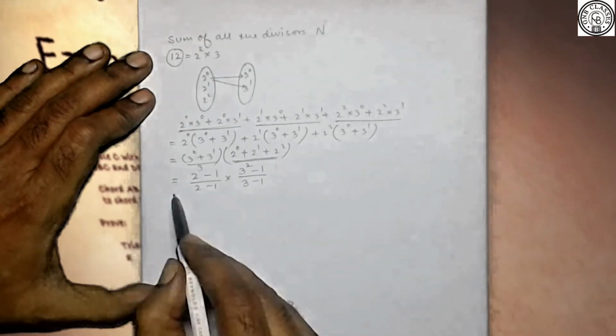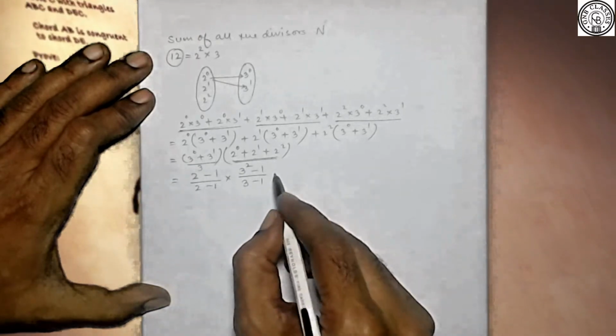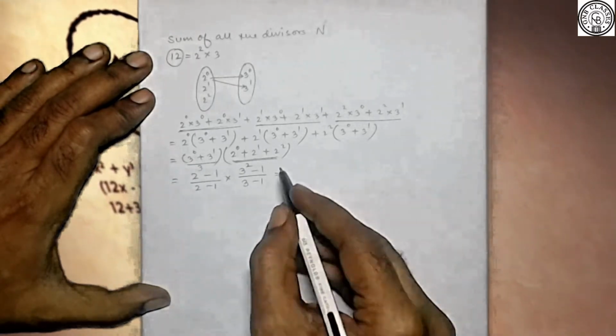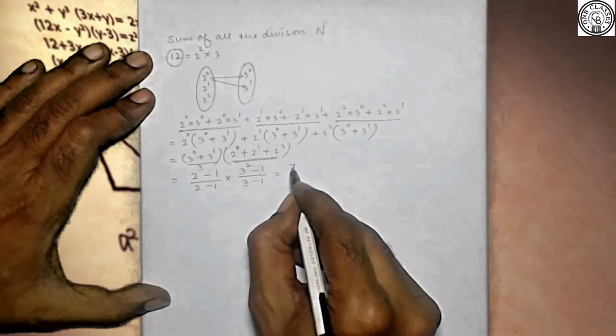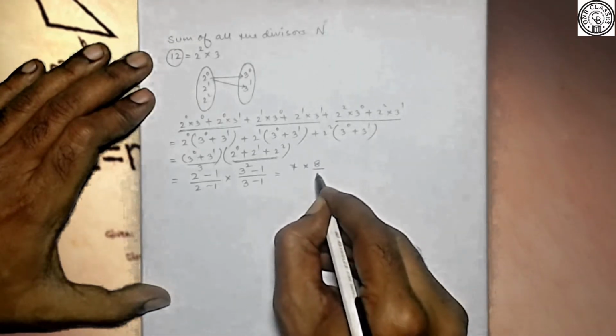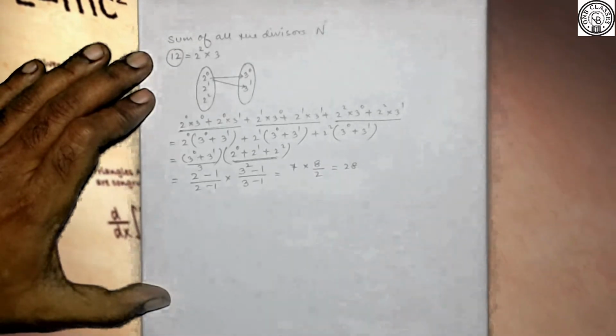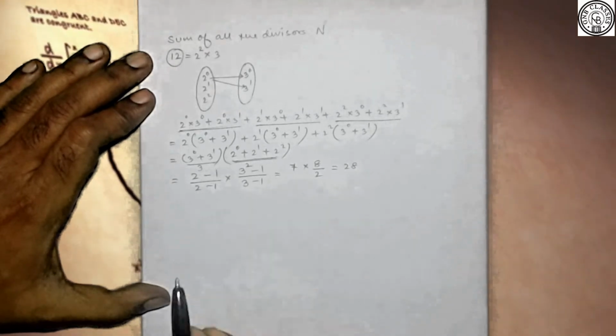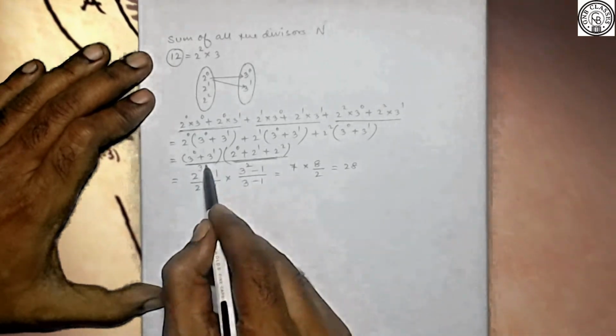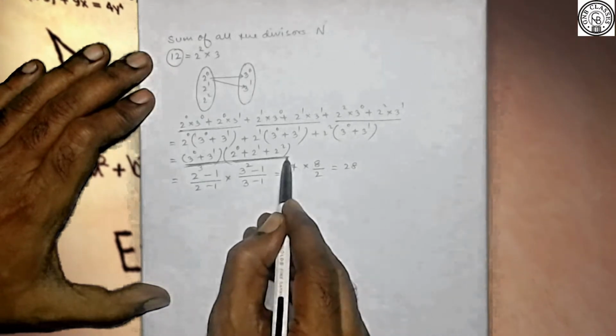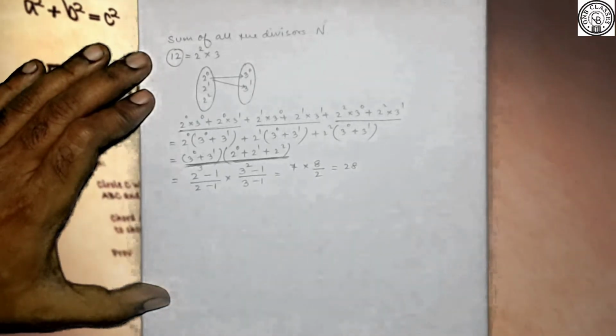Tell me yes or no, because here the common ratio is 3. Therefore, the answer, we can calculate it easily, it's 28. Okay. Now, please observe this, because this will be needed to establish the formula.